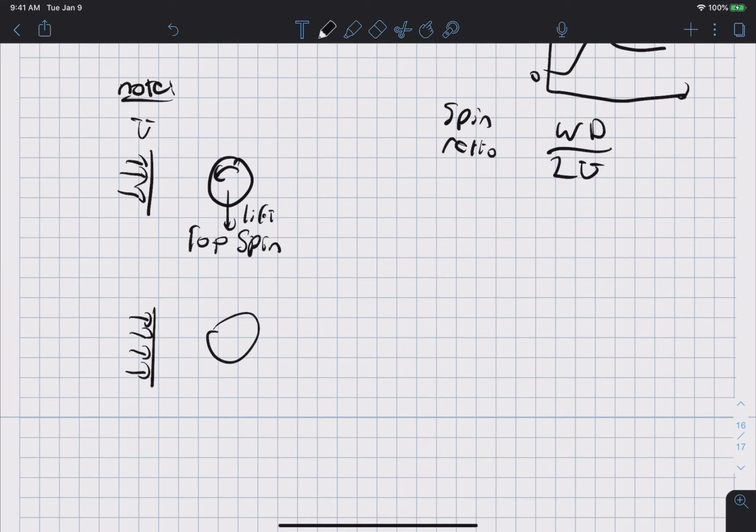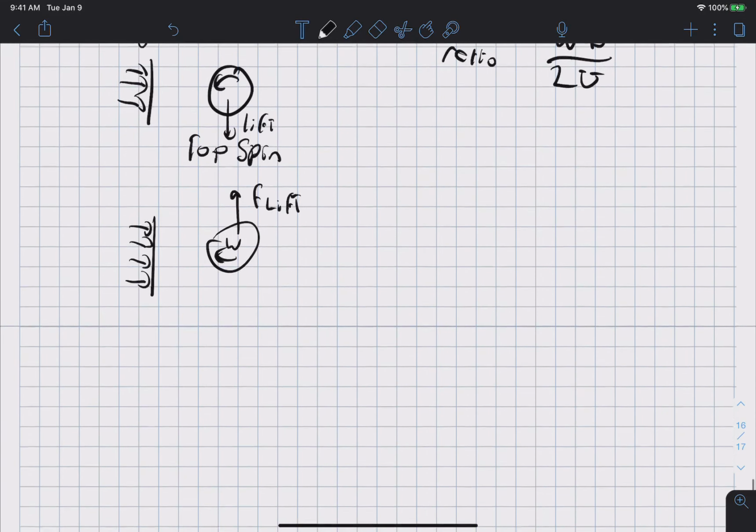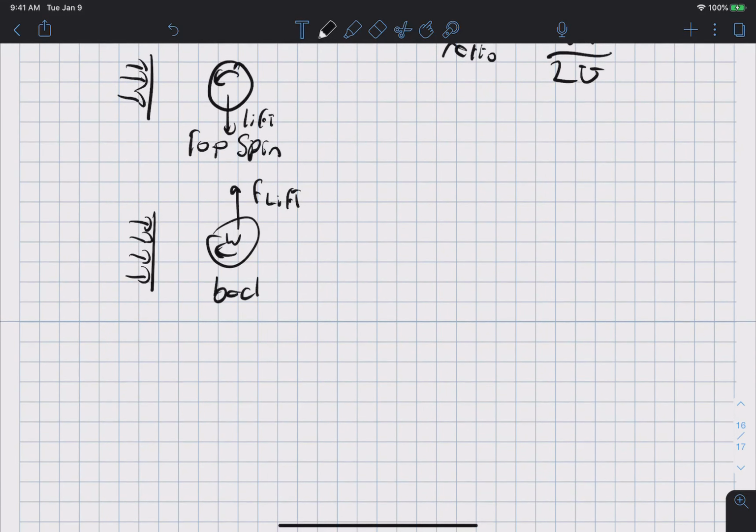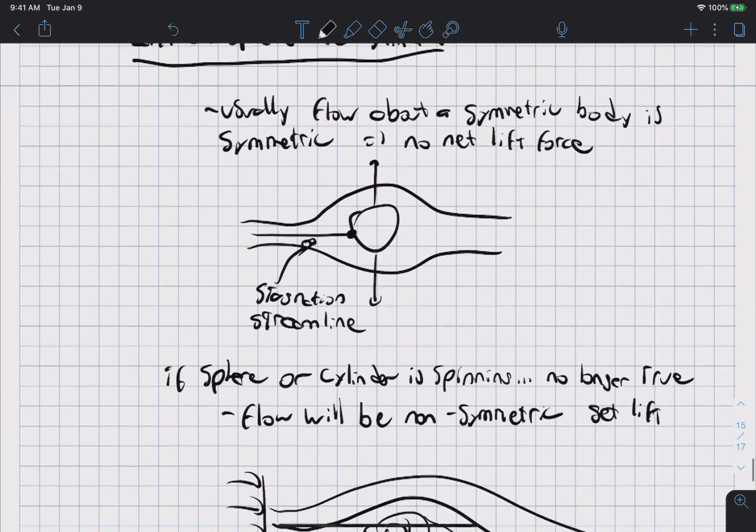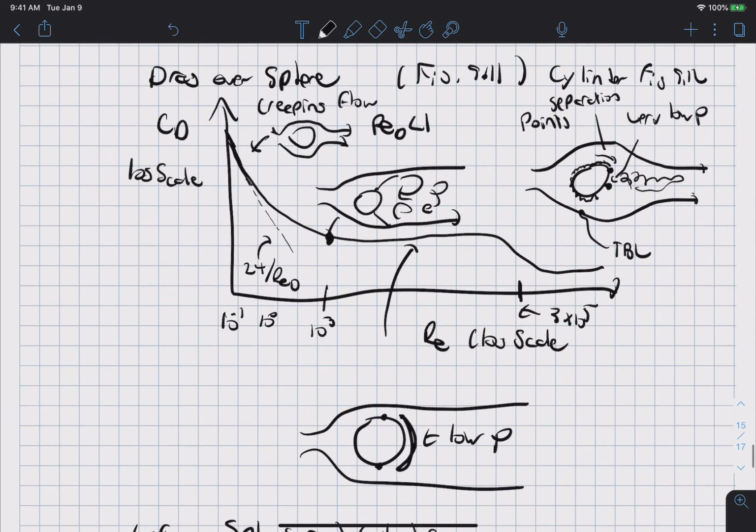That means the bottom of the object is spinning towards the incoming fluid, and the lift force is up. Okay, and this would be backspin. Okay, and you can see example 9.8 for this.